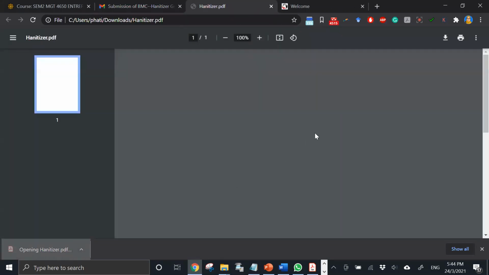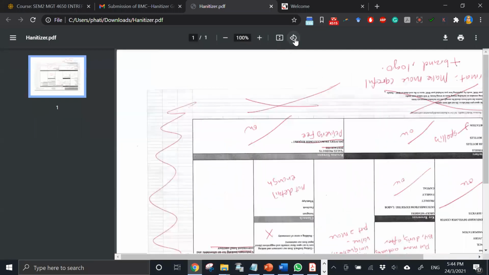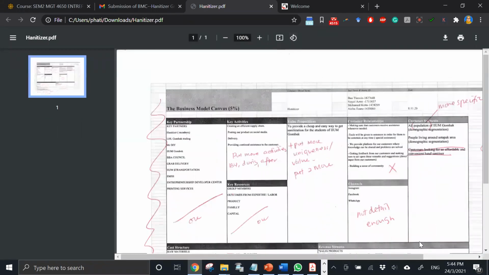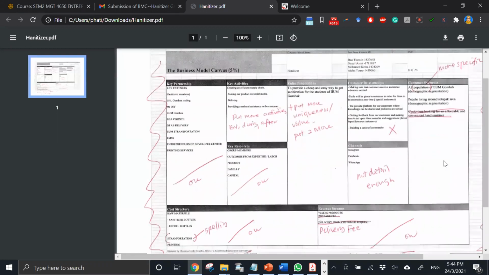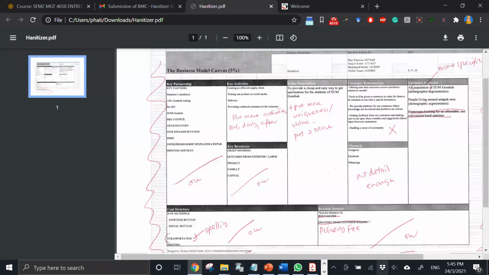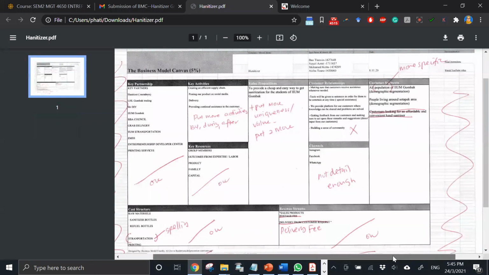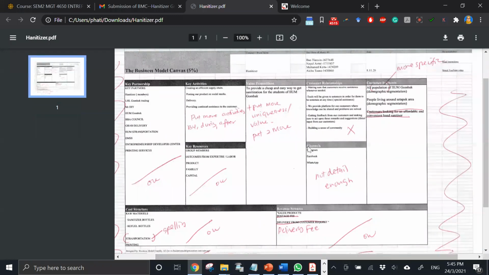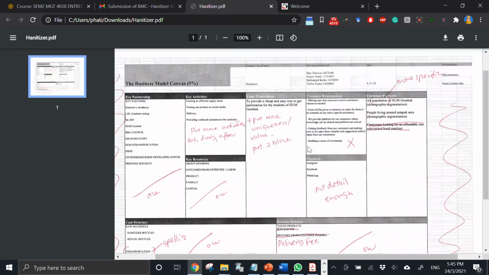Oh, this is the one that I'm already giving comments on. This group sells hand sanitizer. If you know them, you know. Okay, this is just a draft, the kind of draft that you can give me.